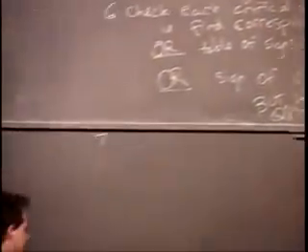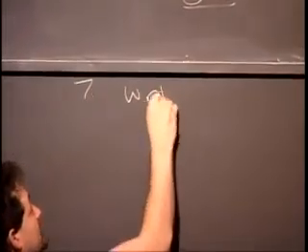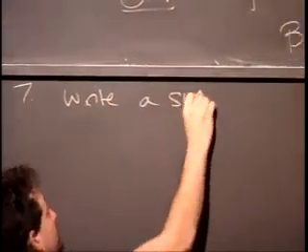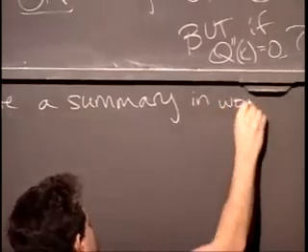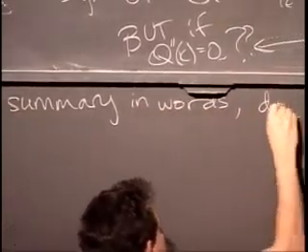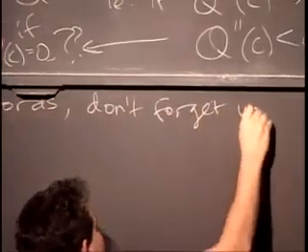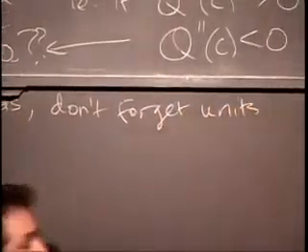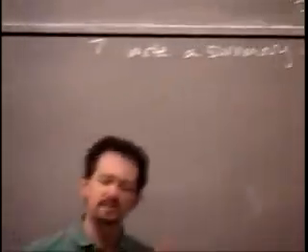And finally, the last step is to then write a summary in words. And don't forget the units. It's not an acceptable answer to say R equals blah. You've got to say the radius of the can is so-and-so feet or inches or whatever.